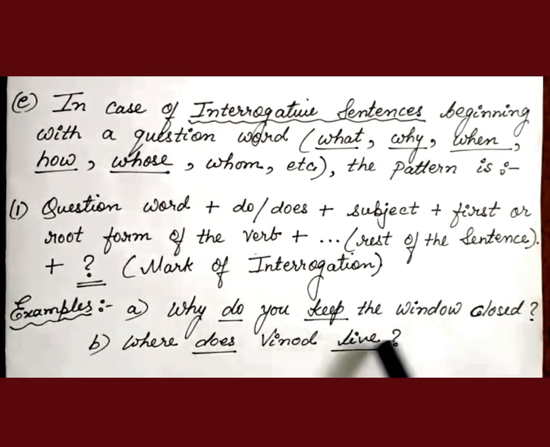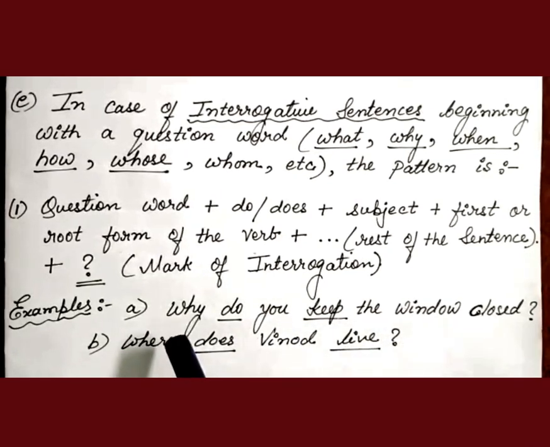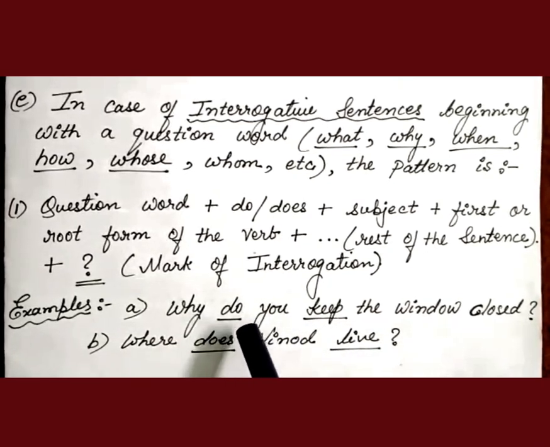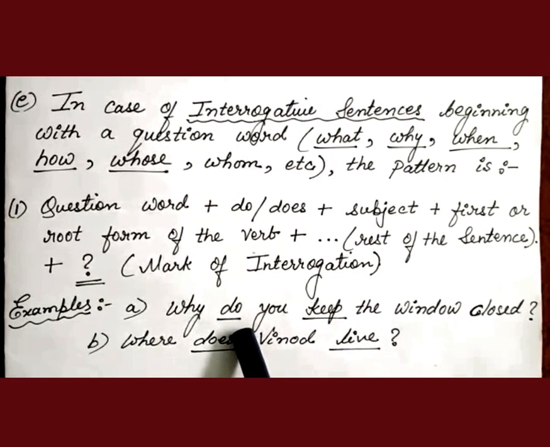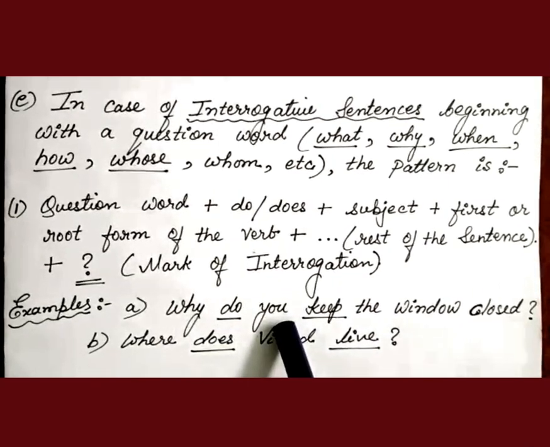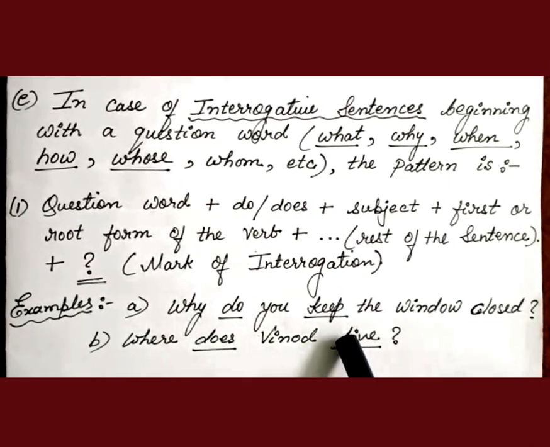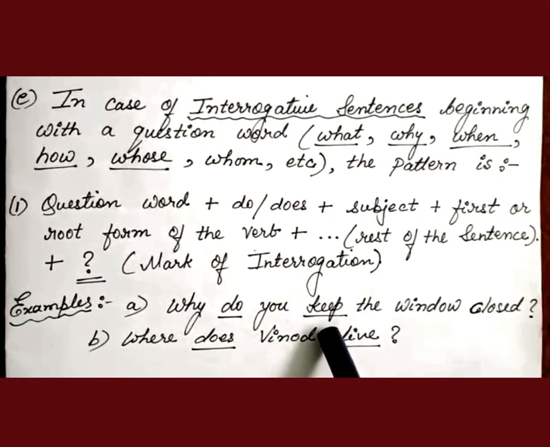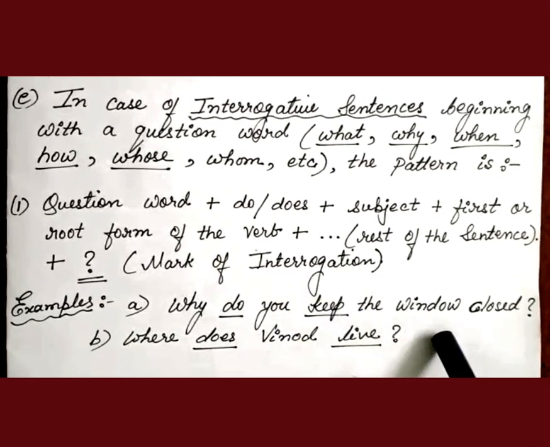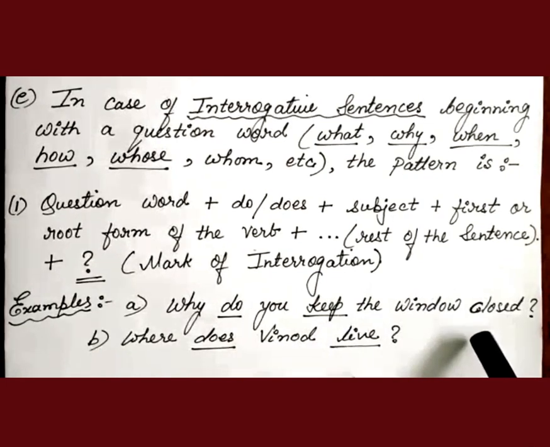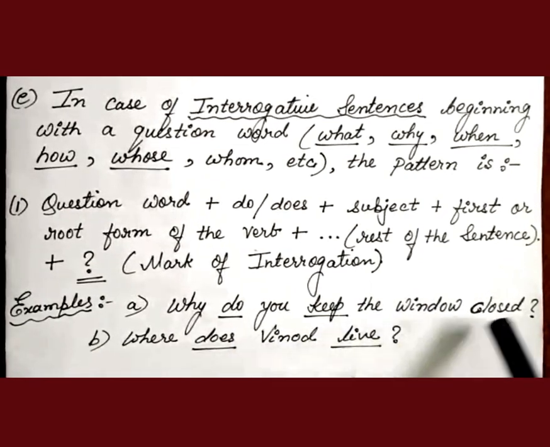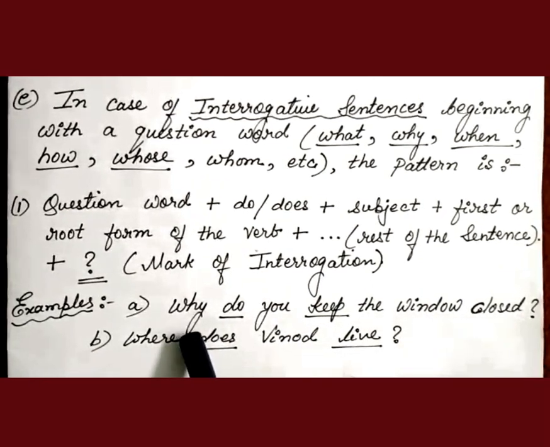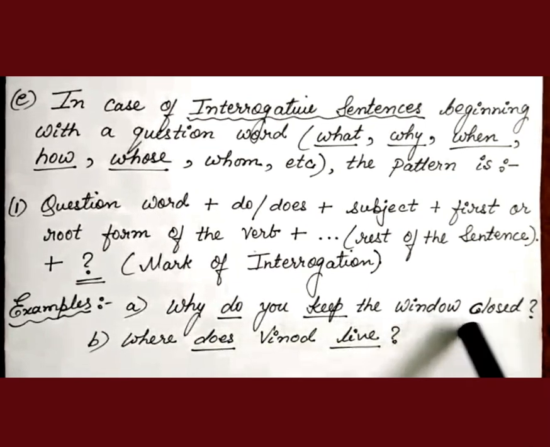So here we start with the question word why plus do plus the subject you plus first or root form of the verb keep, plus the rest of the sentence, the window closed. So we have put together, why do you keep the window closed?